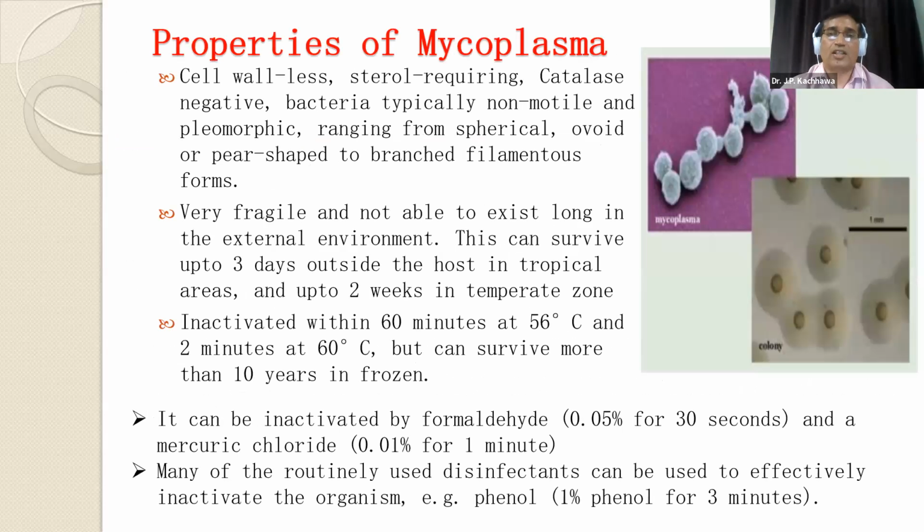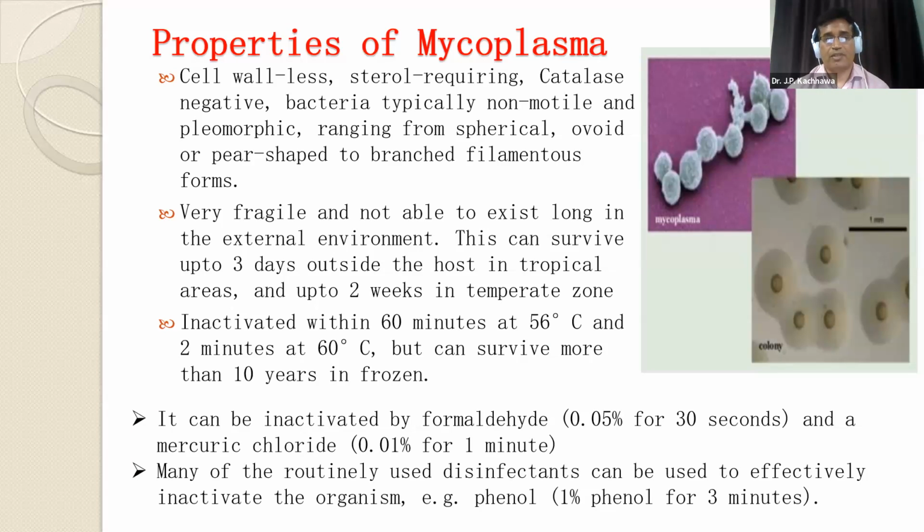If we talk about the other properties of Mycoplasma, this organism is a cell wall-less organism, and it requires sterol. It is catalase negative, non-motile, and pleomorphic. The shape of this organism varies, from spherical, ovoid, or pear shape, to a branched filamentous form.